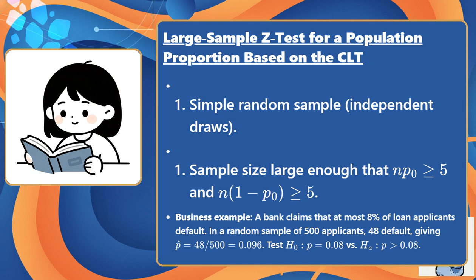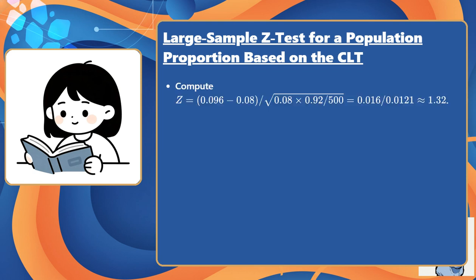In a random sample of 500 applicants, 48 default, giving p hat equals 48 divided by 500 equals 0.096. Test the null hypothesis that p equals 0.08 versus the alternative hypothesis that p is greater than 0.08. Compute z equals 0.096 minus 0.08, divided by the square root of 0.08 times 0.92 over 500, equals 0.016 divided by 0.0121, approximately 1.32.